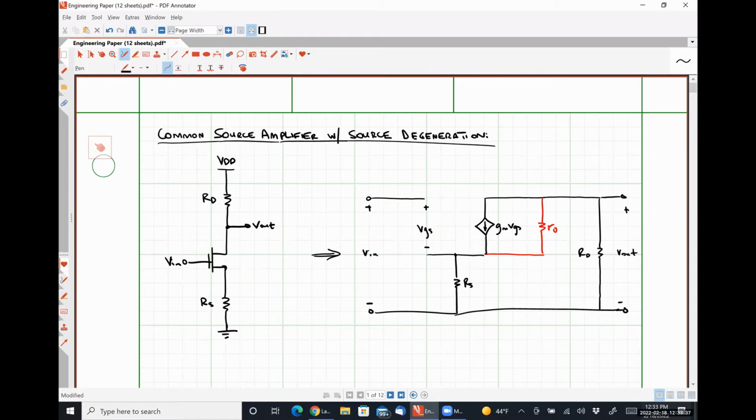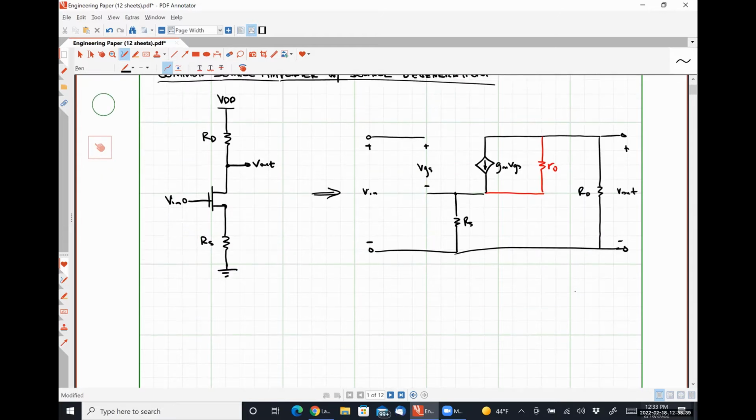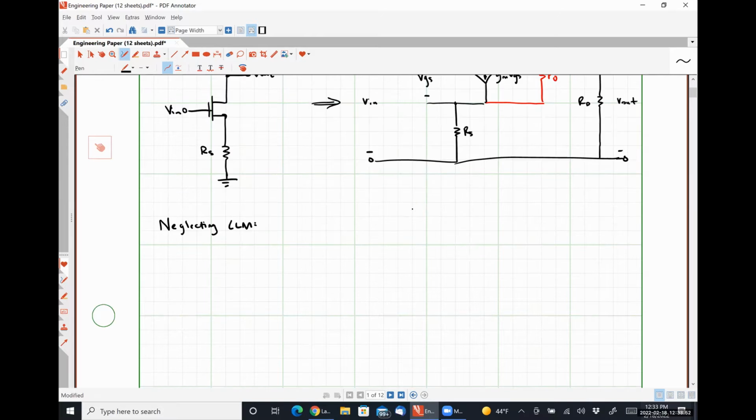Okay, so we did the analysis last class meeting, and we found that, neglecting channel length modulation, Rin is equal to infinity, and we found that R out was equal to RD.